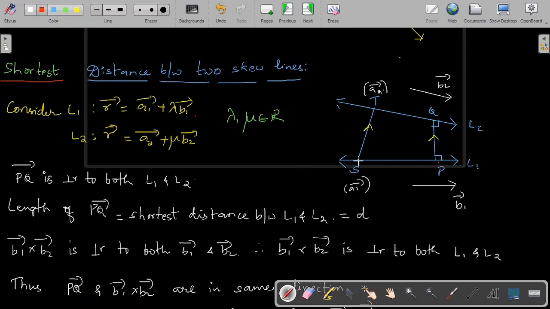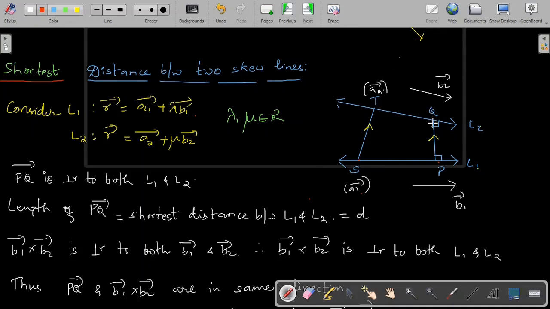So I will consider a point S on the first line with position vector a1, and a point T on the second line with position vector a2. Position vector means you have to draw the coordinate axes also. Then the distance of the point S from the origin and of the point T from the origin give the position vectors of S and T respectively. They are nothing but a1 vector and a2 vector.